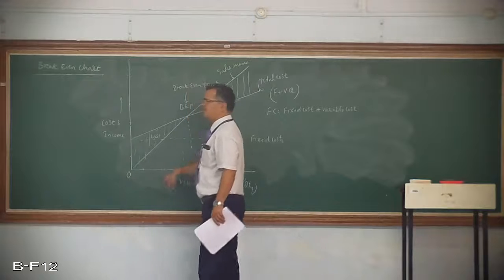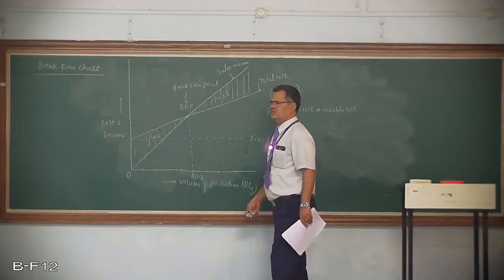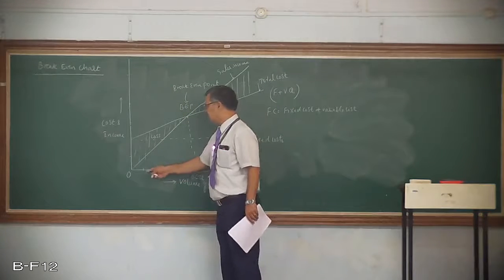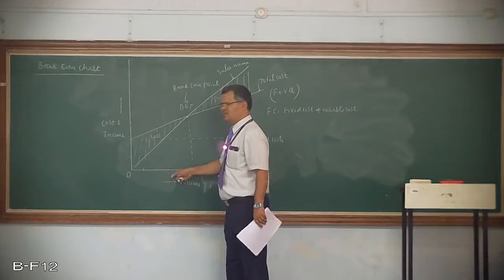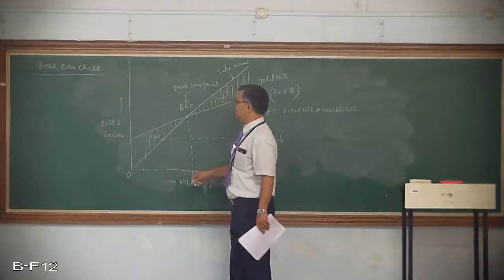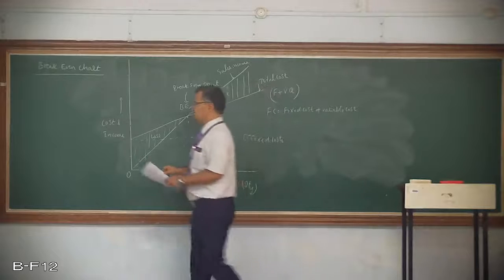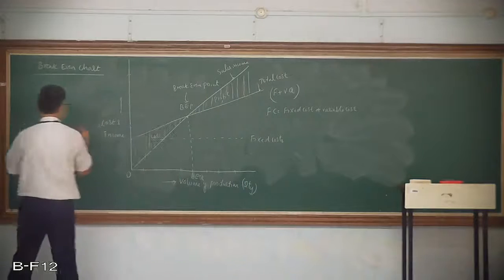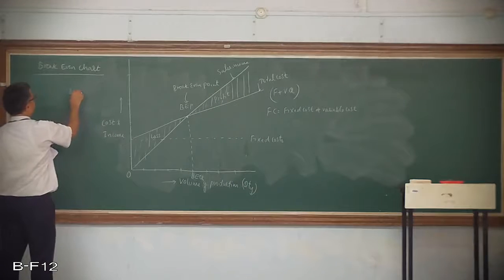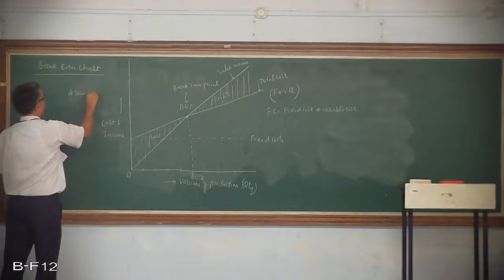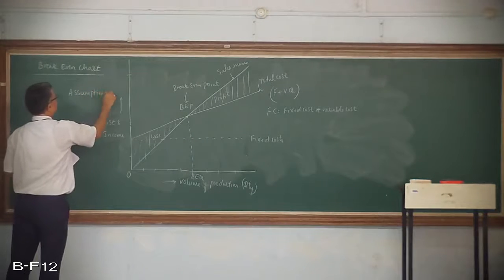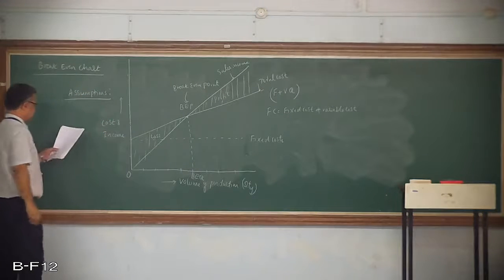So it can't always be the same. Sometimes the company ends up with some loss at this quantity or here. So while drawing this break-even chart, there are some assumptions. I write here the assumptions made to draw this break-even chart.